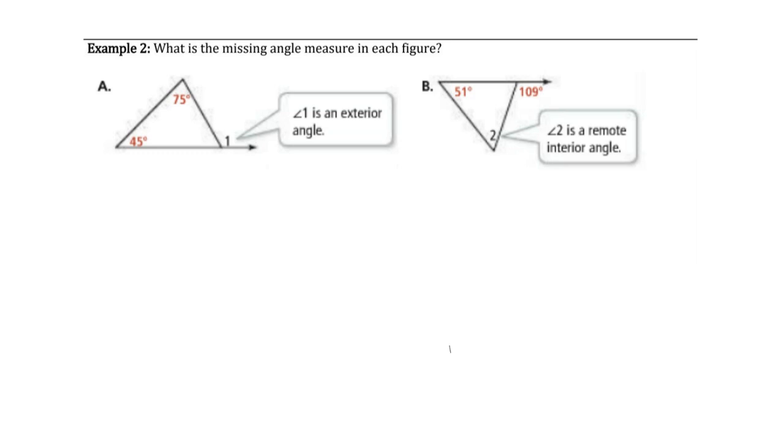Okay, so hopefully you've tried them. For this one, if we have an exterior angle, our two remote angles equal it. So 75 degrees plus 45 degrees equals angle 1. So the measure of angle 1 is 120.